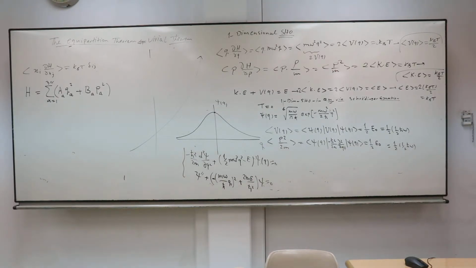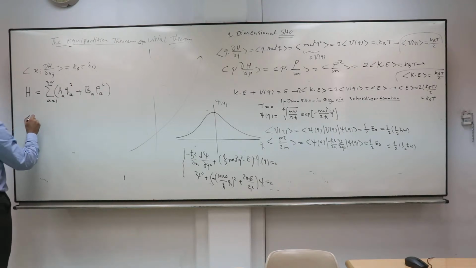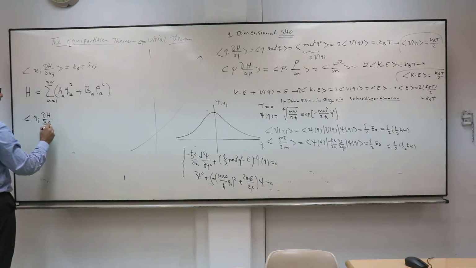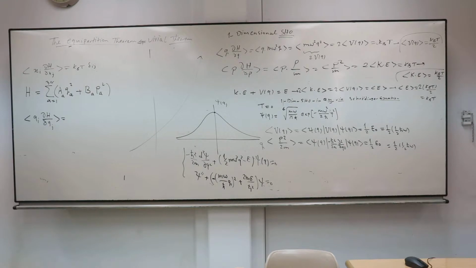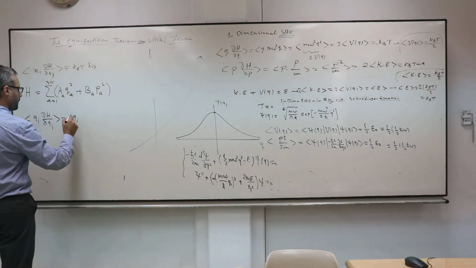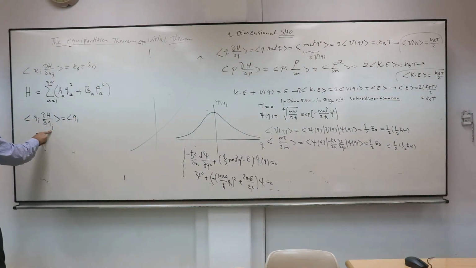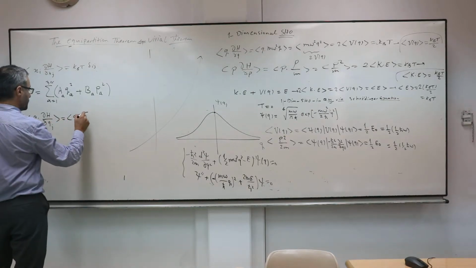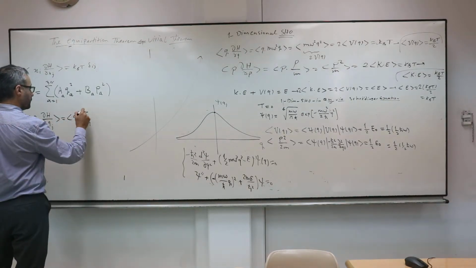So you can use this Hamiltonian and calculate different expectation values, like q_i partial H over partial q_j. What will be the expectation value of the partial derivative of this with respect to q_j? It will be the sum over r from 1 to 3n.